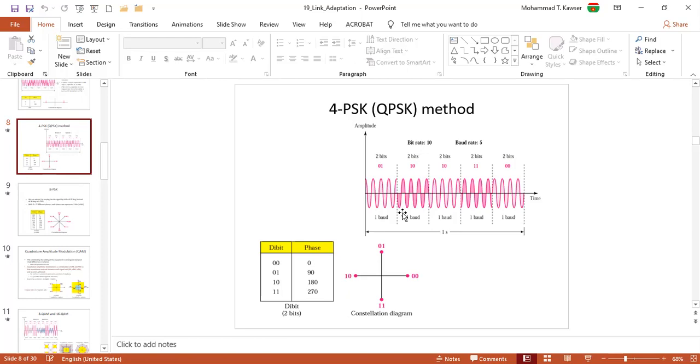But at the end, you don't have any sudden change in the instantaneous state. Rather, you have smooth changes in the time domain, and so you don't have a very wide band.